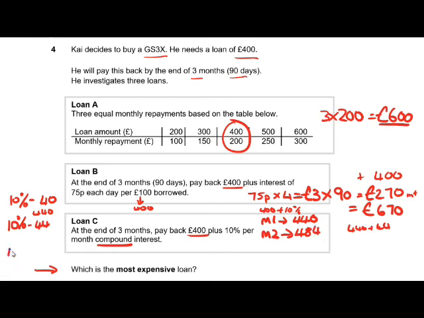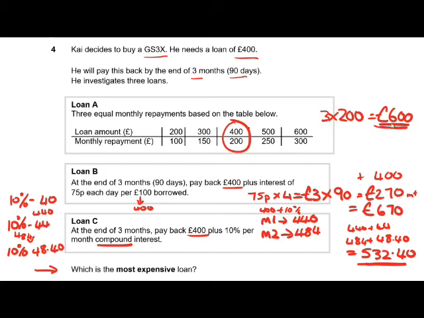For month 3 we need to find 10% of £484, which is £48.40. So we have £484 and we need to add £48.40, which gives us our total for loan C as £532.40. So loan C is cheaper by quite a bit.